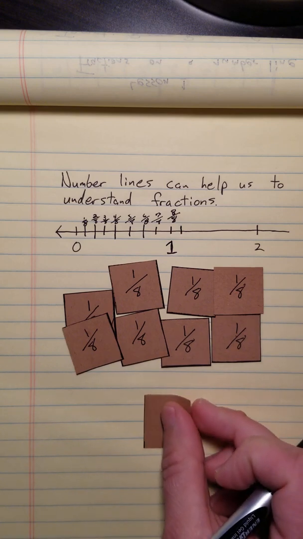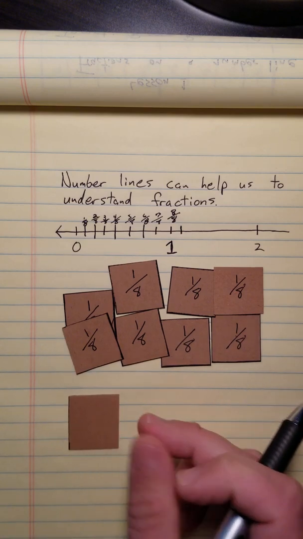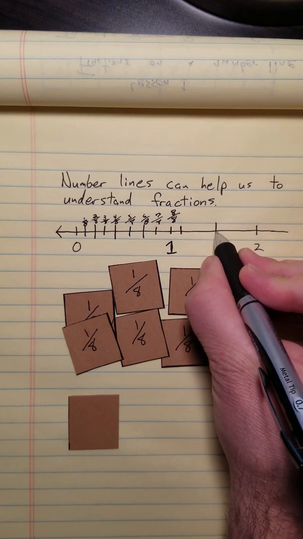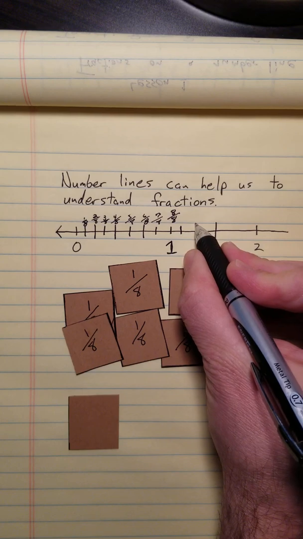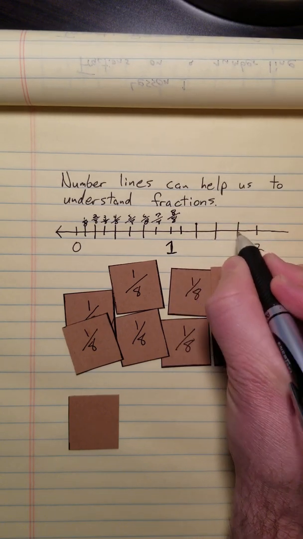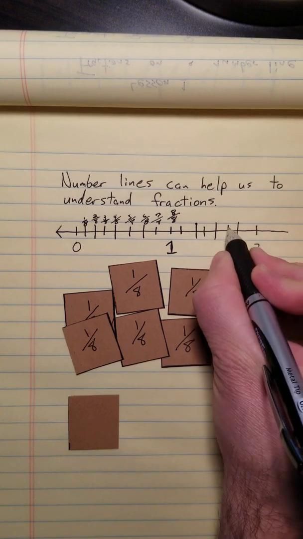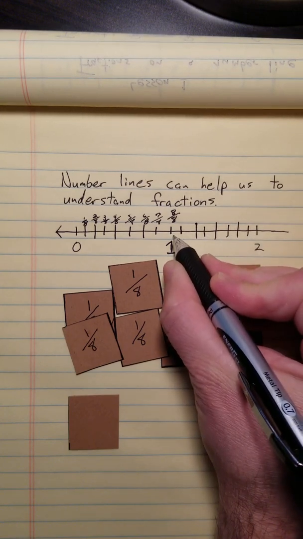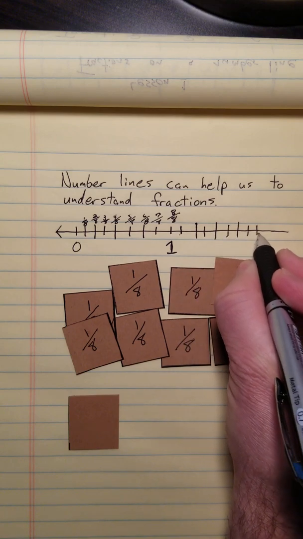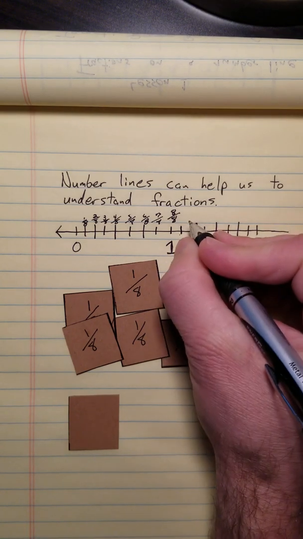That means I'm going to divide that one also into eighths. Did I do that right? 1, 2, 3, 4, 5, 6, 7, 8. Okay, yep, I did.